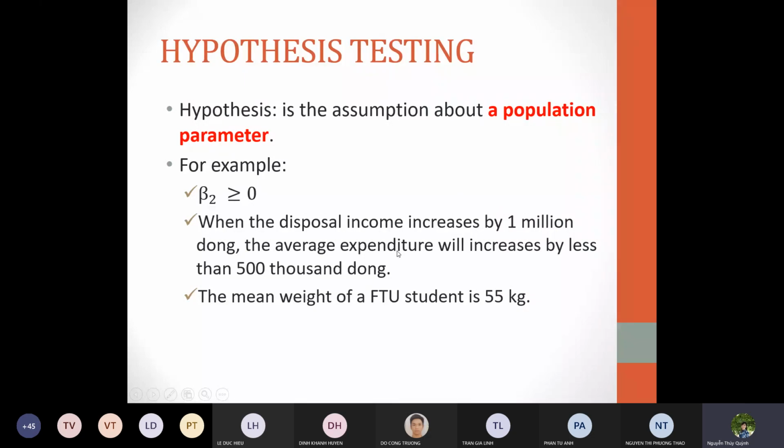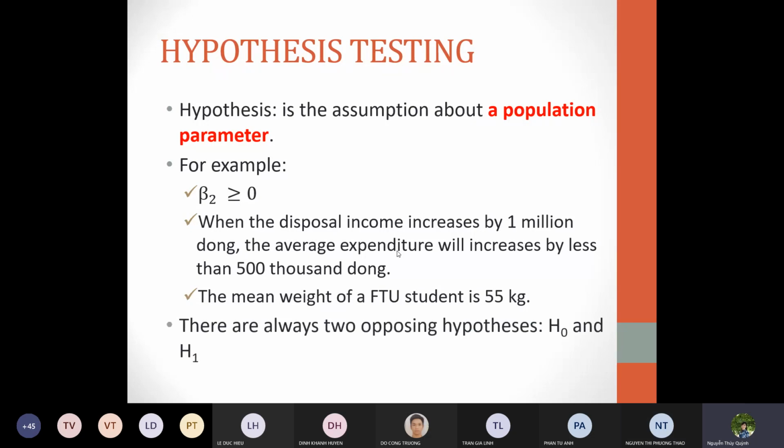And remember that we do the hypothesis testing about the unknown population parameters, not about the known sample statistic. We can easily calculate the sample statistic and get its exact value, which is why we are not testing the sample statistic. We have to test the unknown parameters in the population regression model, which are the betas, not the beta hats. Remember that.